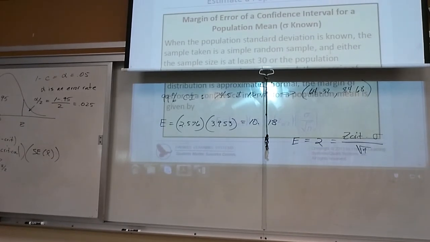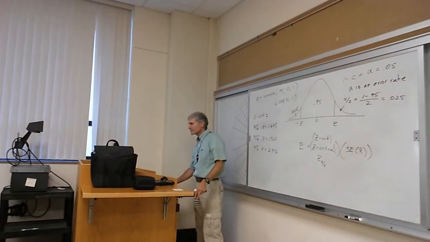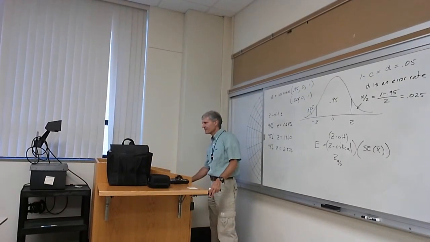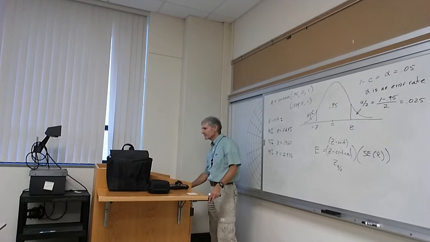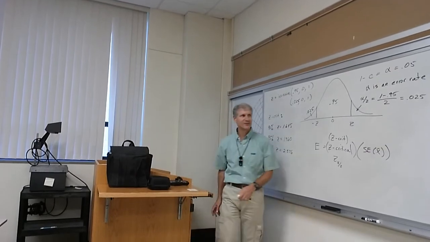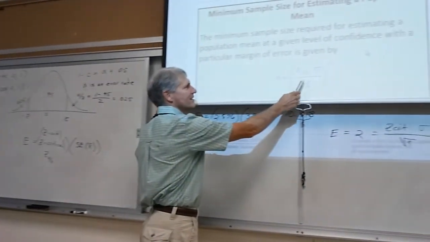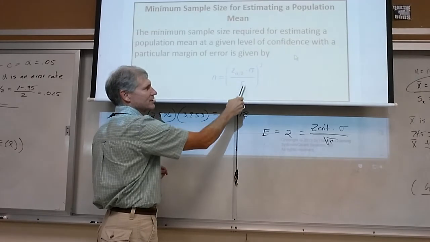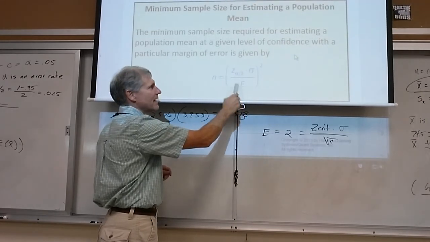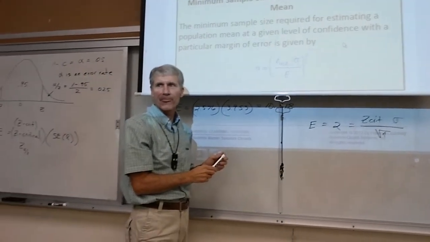So here's that formula. I knew it was in here somewhere. N equals the Z critical value times sigma divided by the margin of error, and then the whole thing is squared to take the square root off of n.